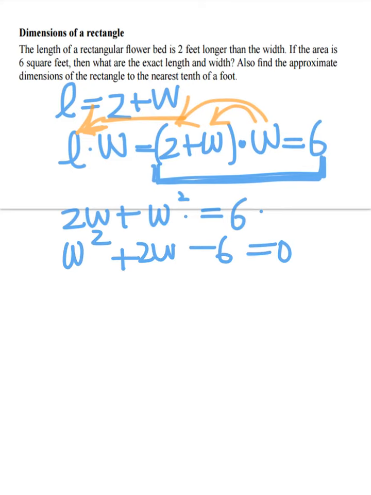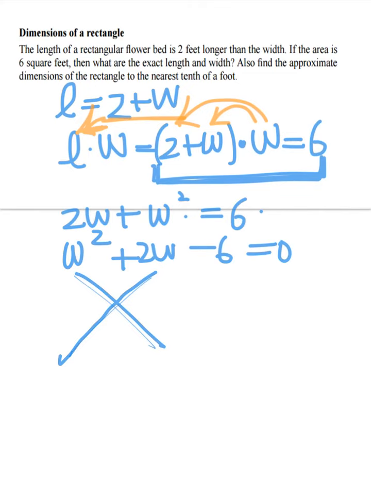So we have this, and you might not be able to find the two values for our diamond method. And what do we do when that happens? Yes, we usually use the quadratic formula.